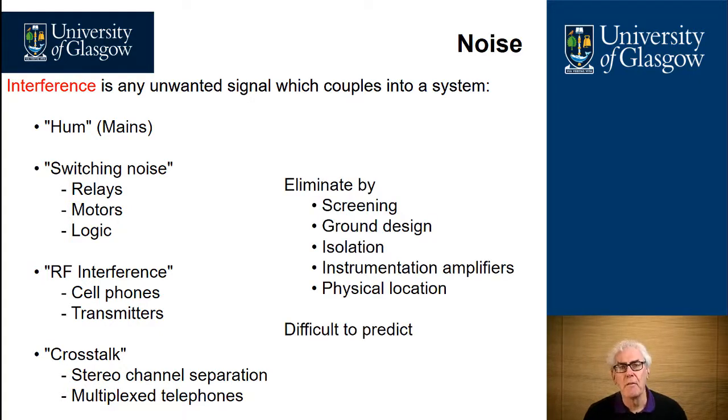You can deal with interference by using improved screening around your circuits, better ground design, isolating your circuits from each other, such as analog and digital grounds in applications, using instrumentation amplifiers, or physically separating the two units. A mobile phone's not going to interfere with your circuit if you put it on the other side of the room. The other challenge with interference is it's very difficult to predict because it's actually a reflection of shortcomings or failings in your circuit design.